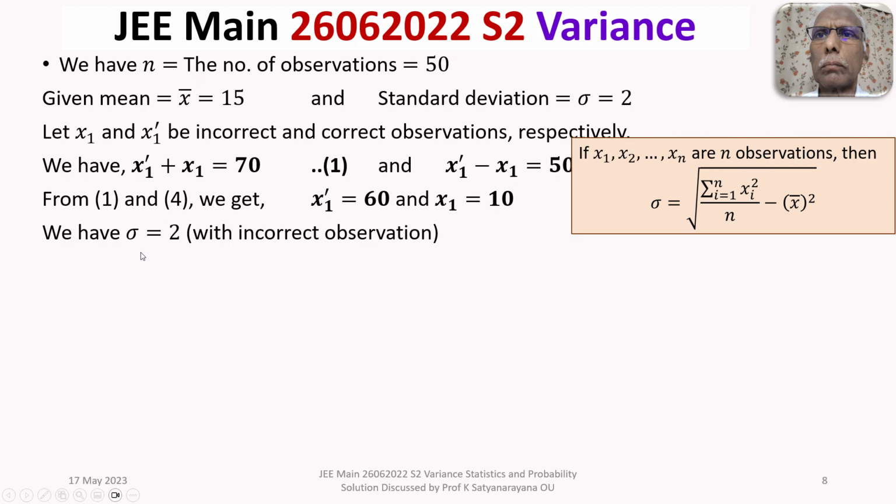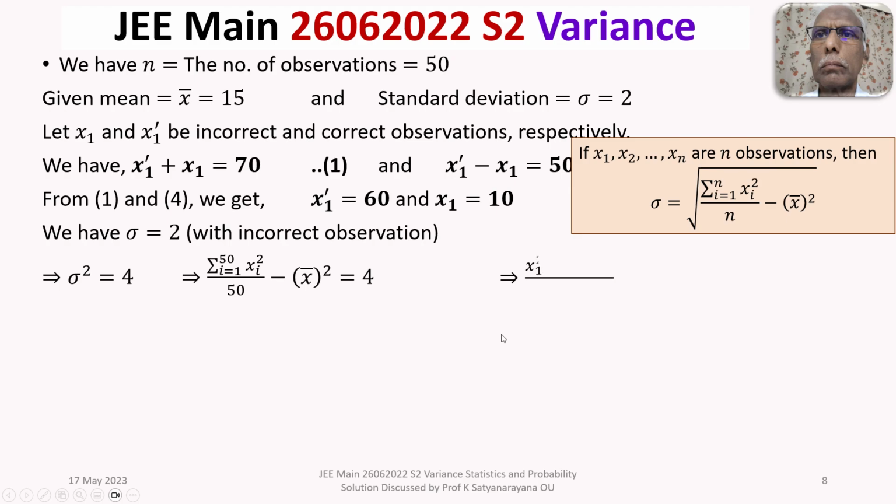Taking squares on both sides, sigma square is equal to 4. So sigma i equals 1 to 50 xi square by 50 minus x bar square is equal to 4, where x bar is 15 with the incorrect observation.